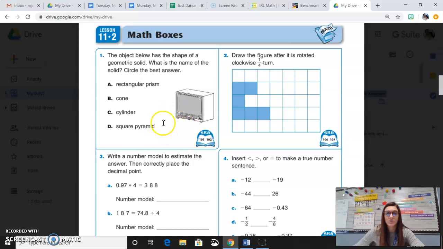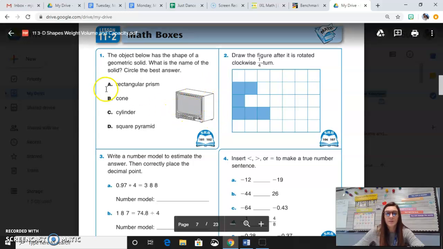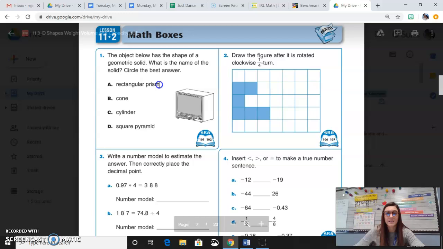So for this one, does this go straight up like a prism or does it go to a point like a pyramid? You should figure out that it would be a rectangular prism because the bottom would be a rectangle here and it goes straight up like a prism.